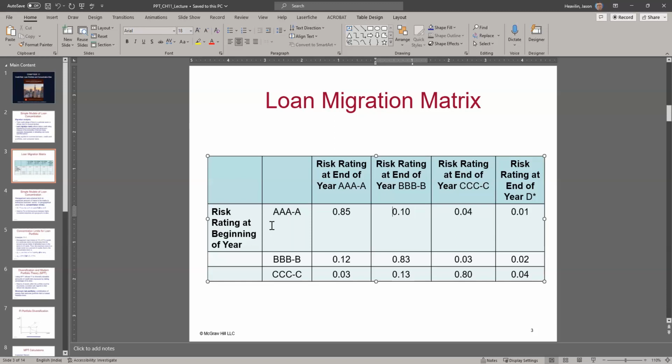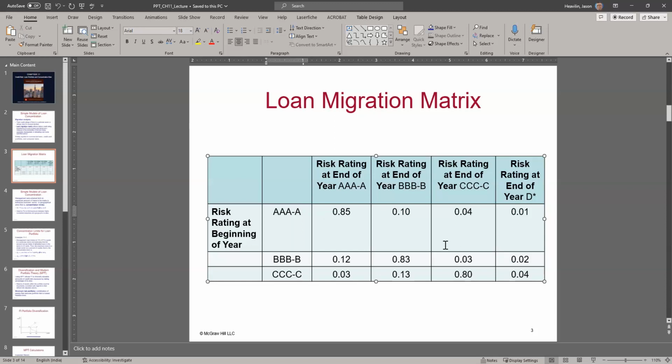Now, the same way I mentioned that AAA to AA to A could be a downgrade, it's just not as bad as going all the way to B. Also consider that if you're a single A, going down to triple B, because that's just one step, is more likely than going from triple A to, let's say, a single B. It could happen, but it's less likely. So these could be broken down some more, but generally speaking, that's the idea.